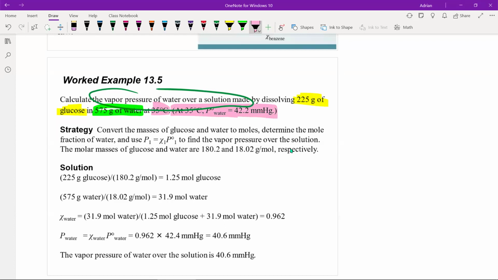So if we want to calculate the vapor pressure of water, we can use our equation. This will be equal to the mole fraction of water times the pressure of just pure water itself at that particular temperature.